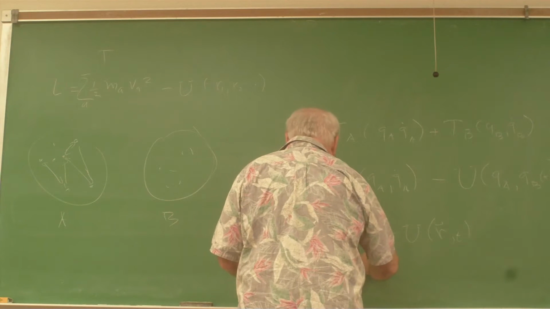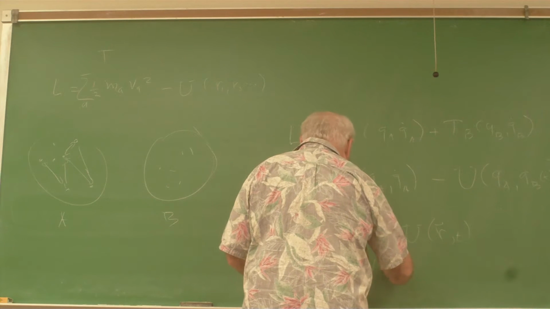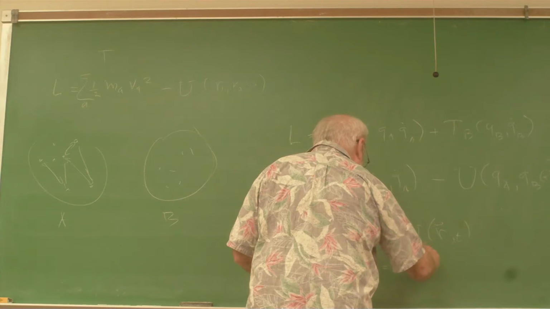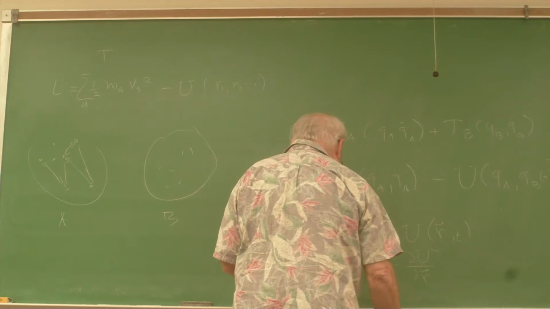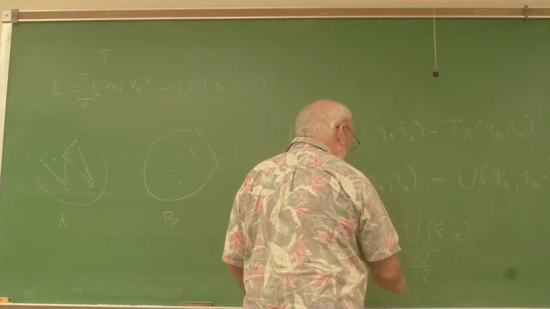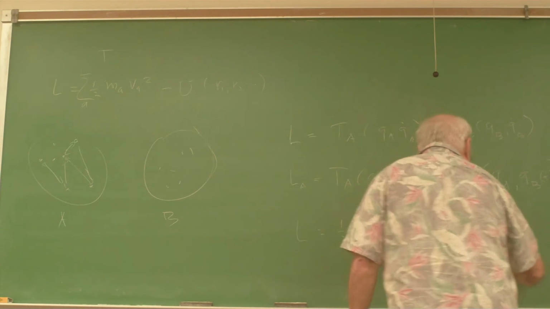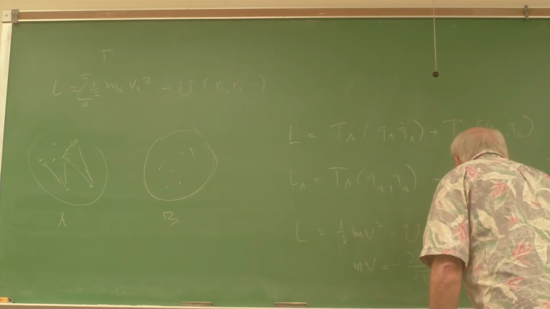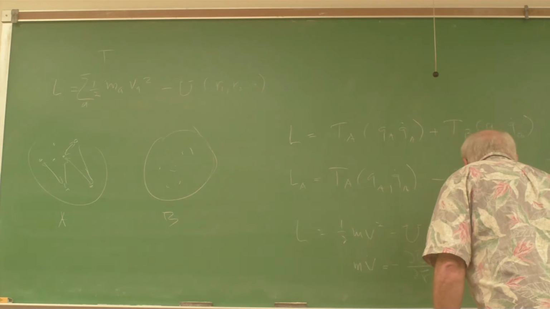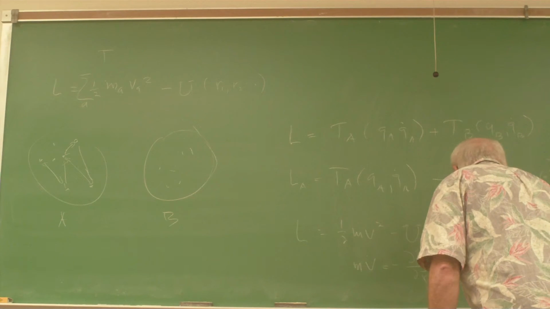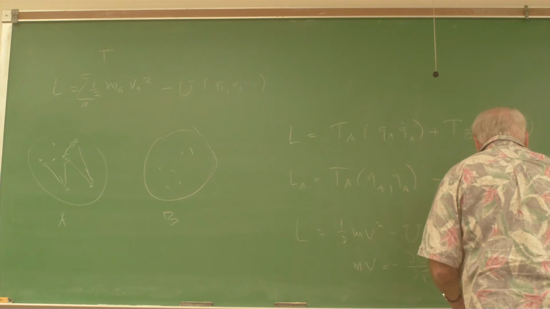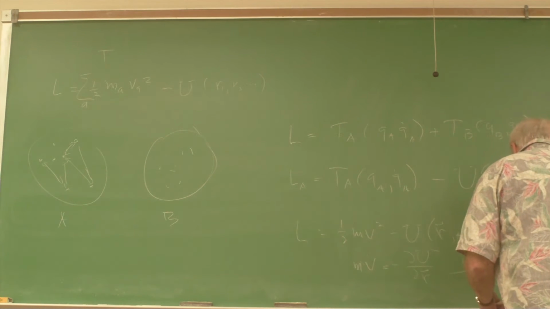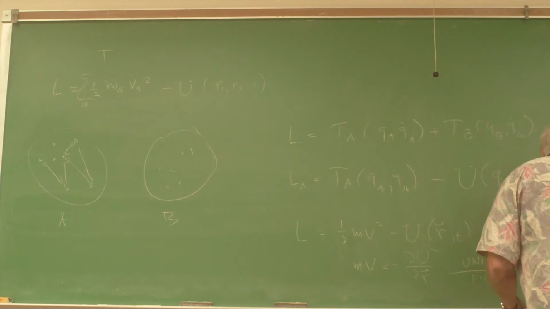And the equation of motion then is m v dot equals minus grad U of R. And indeed, in a uniform field, this just goes to U equal to minus F dot R.